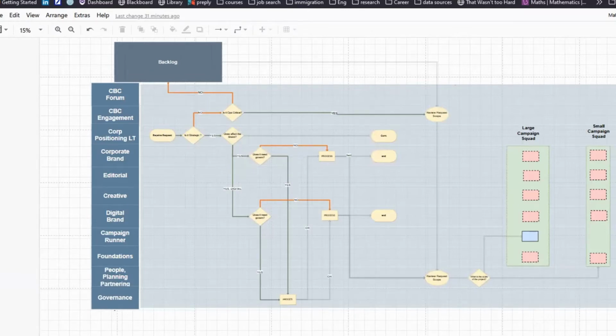Let me explain why I thought this was going to be super valuable for HR. When I stepped in, they were shifting from a project-based organization to an operational-based organization, where the focus is not on building the project, but on running it. So a lot of HR processes needed to be aligned to support this transition.